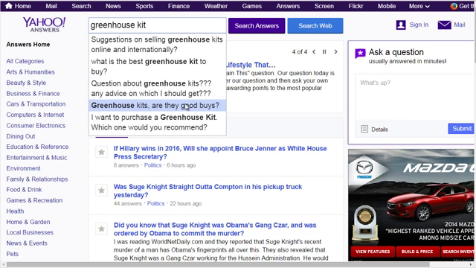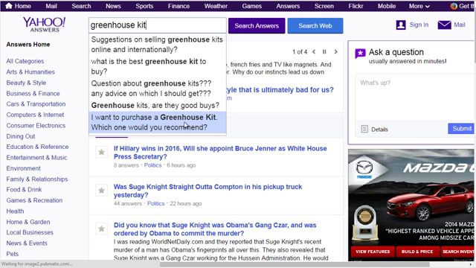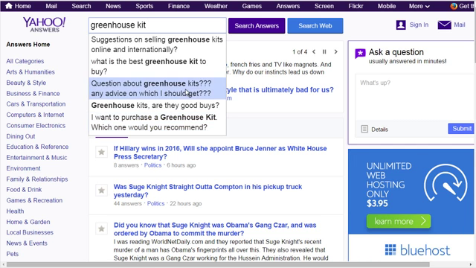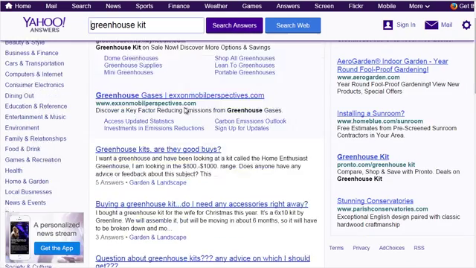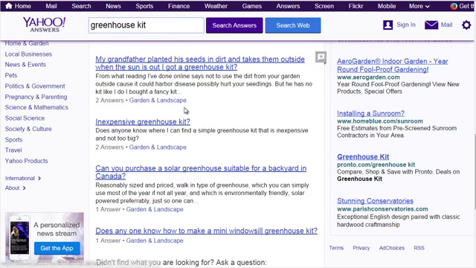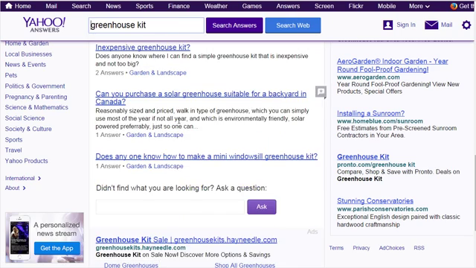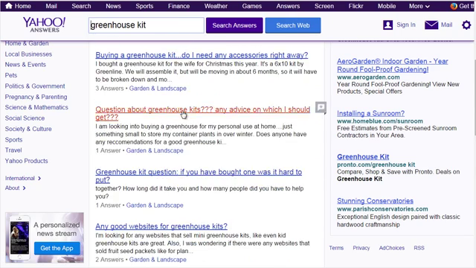Greenhouse kits, are they good buys? I want to purchase a greenhouse kit. Which one would you recommend? Now, these are common questions, but you really need to figure out how do these questions actually relate to your product and service? So if I do a quick search on this, I can start looking through here and get an idea of what common questions people have and how I can relate that to my product or service.